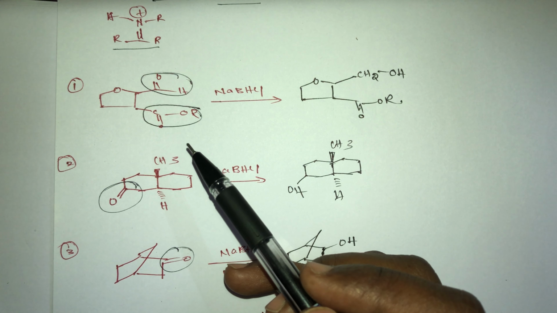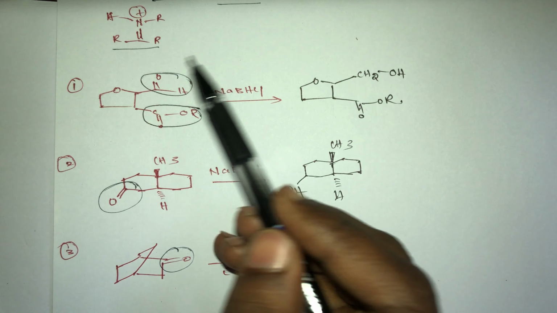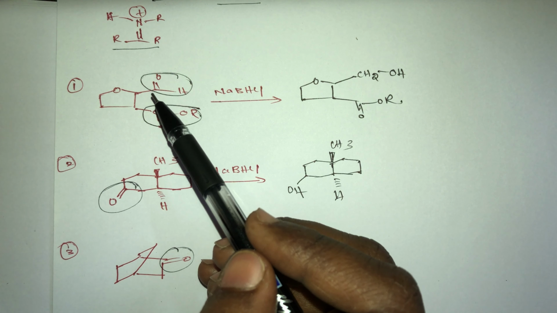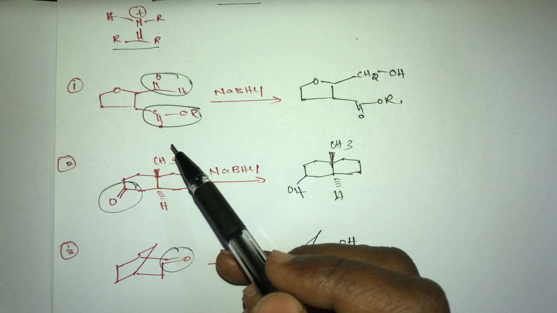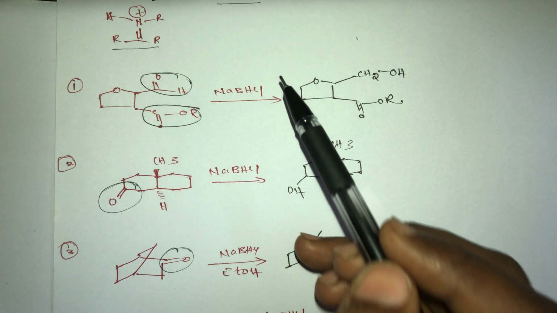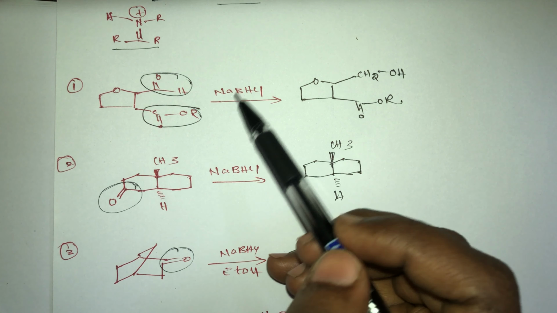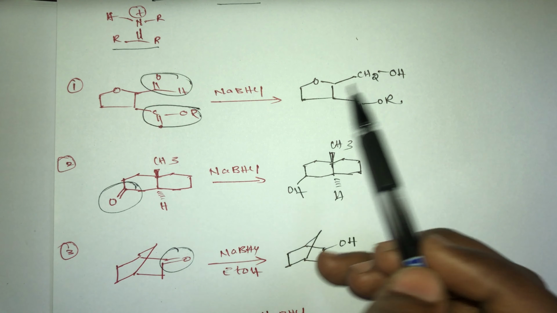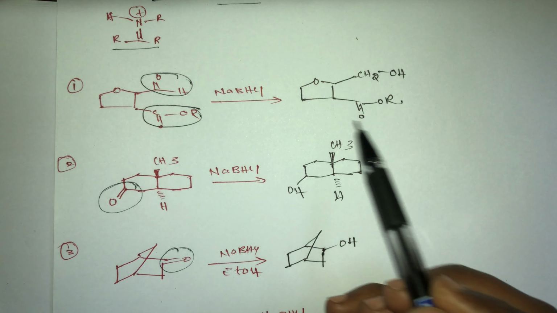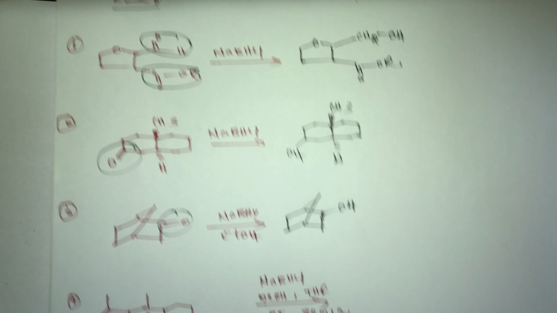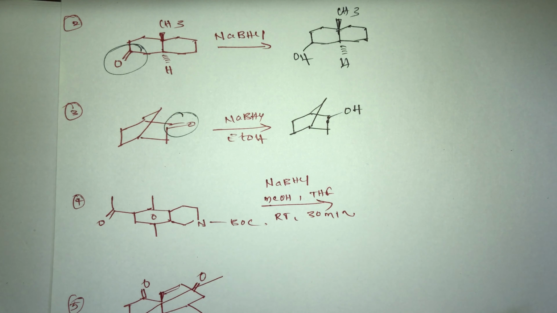So what is our aim, what is our requirement? We need to reduce only the aldehyde group, not the ester group. That is the reason we use sodium borohydride for selective reduction. It reduces only the aldehyde, not the ester. That's why we use sodium borohydride instead of lithium aluminum hydride.